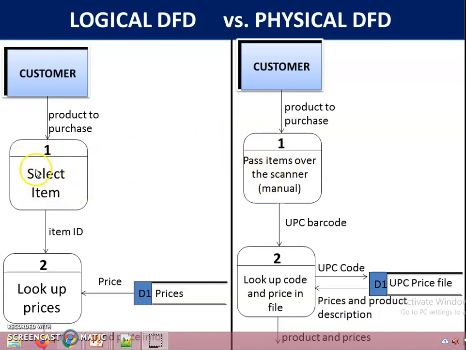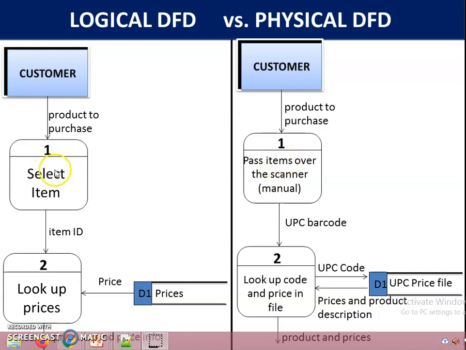Here, the actual process is being presented, while the physical DFD focuses more on how the system is implemented. So it specifies the software, the hardware, the files, and the people involved in the information flow.